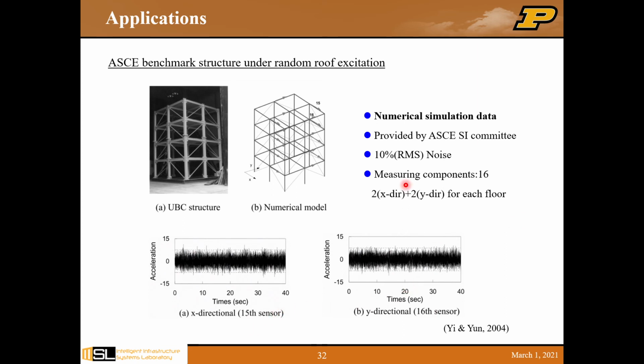In the analysis, the authors use random roof excitation, and then obtain the vibration from the 16 sensors. The vibration has a 40 second measurement duration.